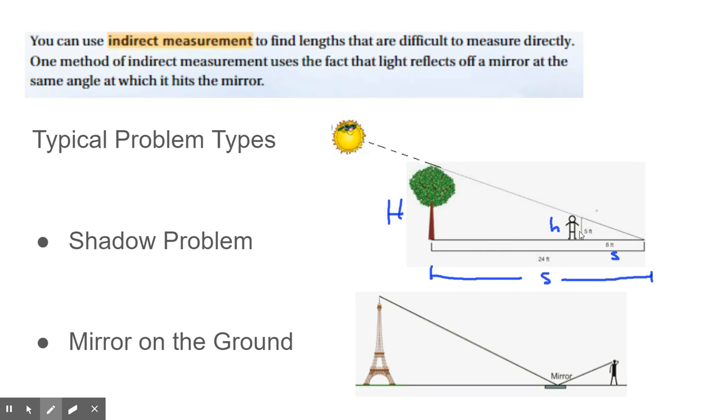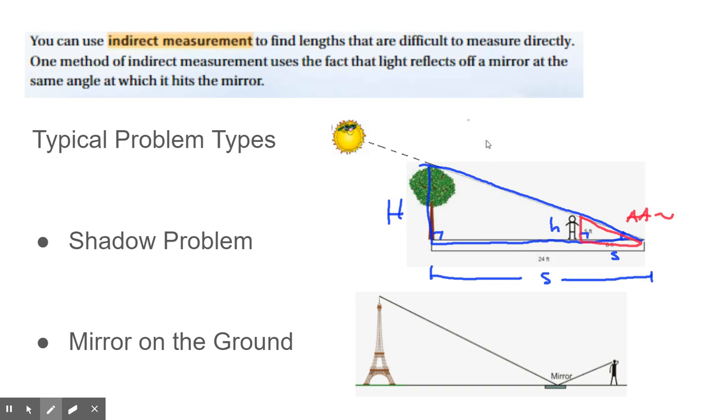Now, these triangles are going to be similar because they both involve this angle, and then we assume that objects are perpendicular. So this big triangle and this small triangle are going to be similar by angle-angle similarity.